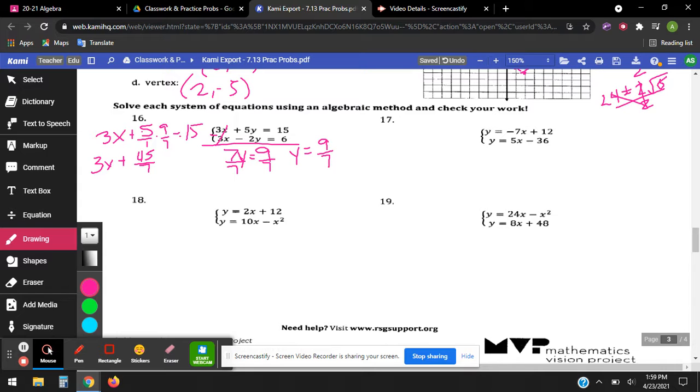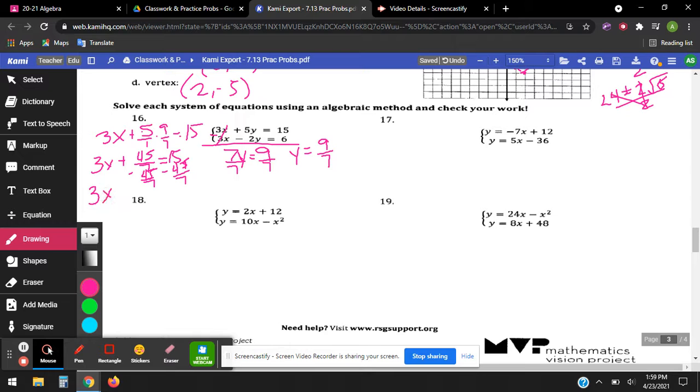Sevenths is an ugly one though. So if I subtract 45/7 from 15, I end up with 8 and 4/7.